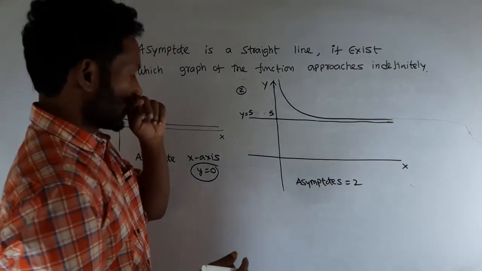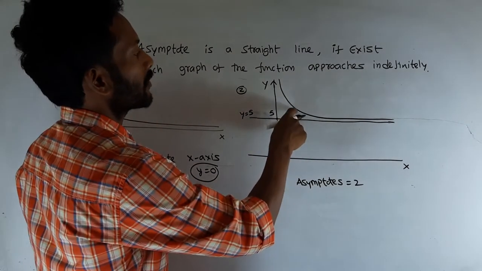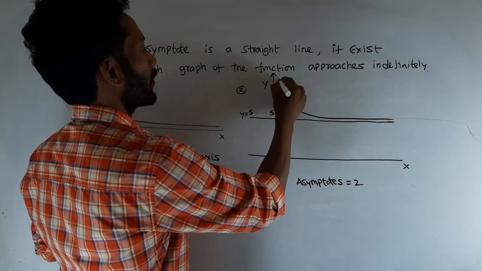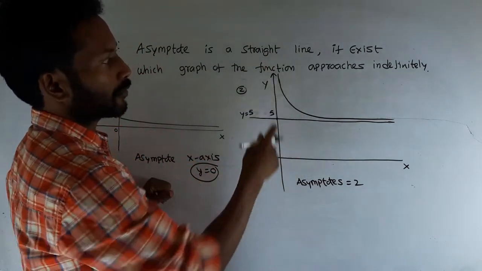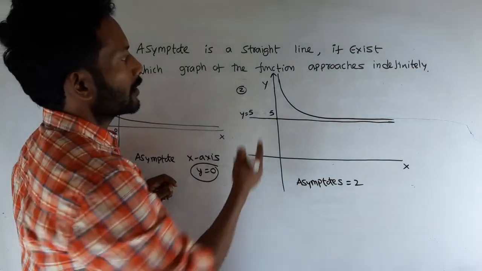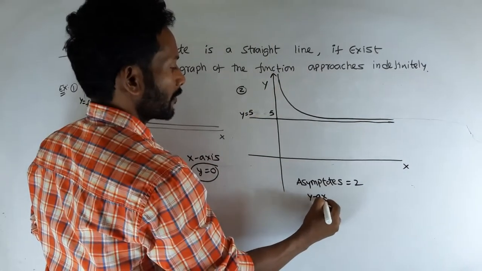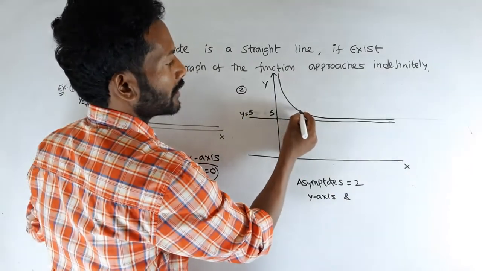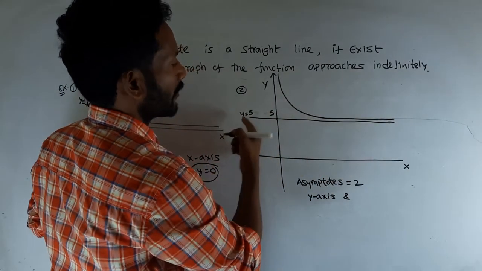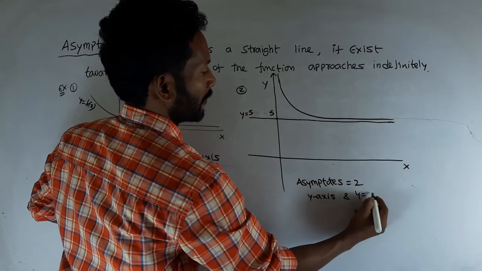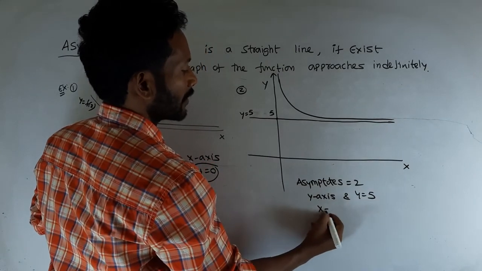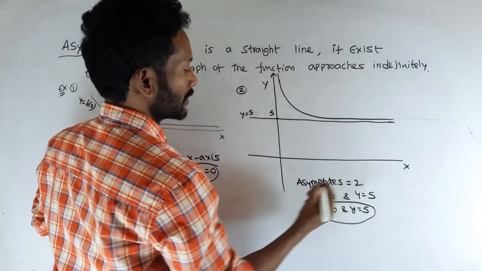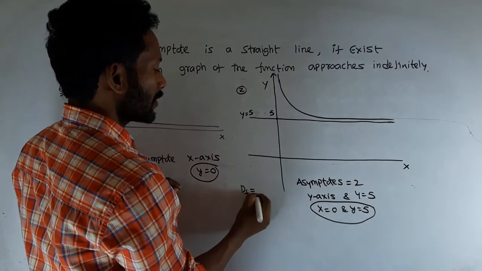What are the two asymptotes? This graph approaches the y-axis indefinitely, and this one approaches y equal to 5. So y-axis means x equal to 0, and y equal to 5. These two are asymptotes.